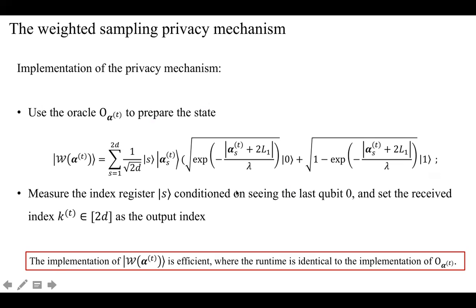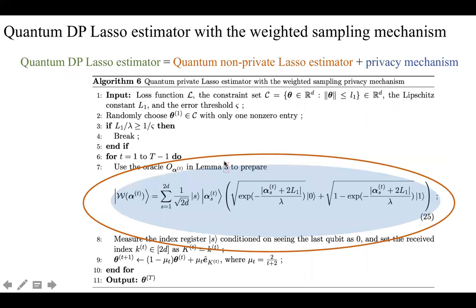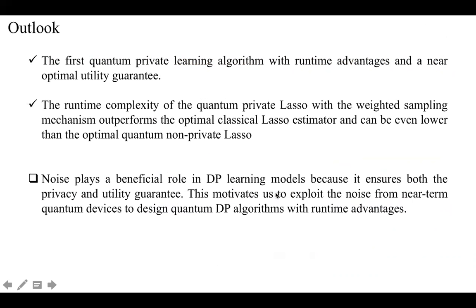So in the training process, we directly measure the index register S to introduce randomness to the algorithm. And this is the whole algorithm of the proposed quantum private lasso estimator. And we can prove that when we substitute the quantum minimum finding algorithm with this randomness, it achieves runtime speedup and it attains the optimal utility bound.